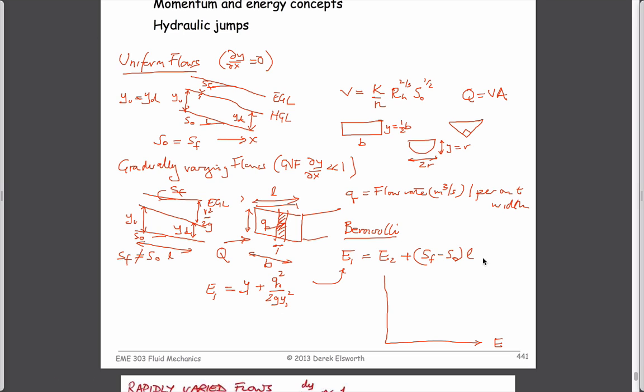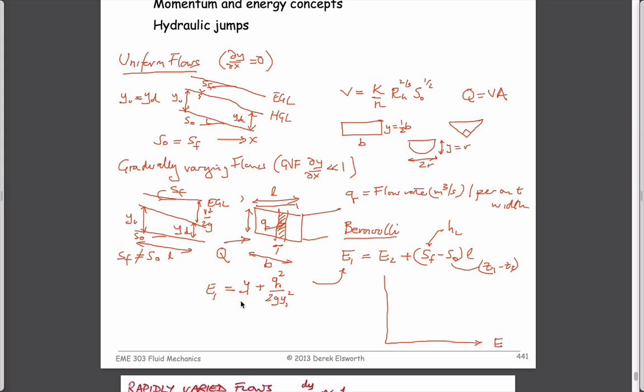All of these components have to only come from Bernoulli. So this comes from the head loss term, it's equivalent to it. This comes from the Z1 minus Z2 term, just so it rings a bell. So this is the head loss, this is the Z term. The other two terms are the pressure head and the velocity head.